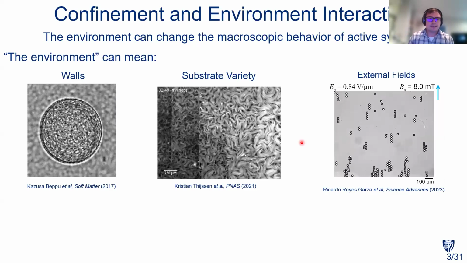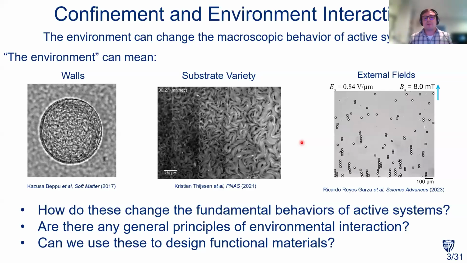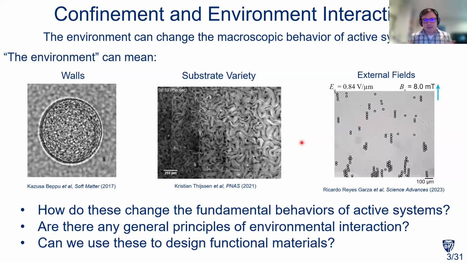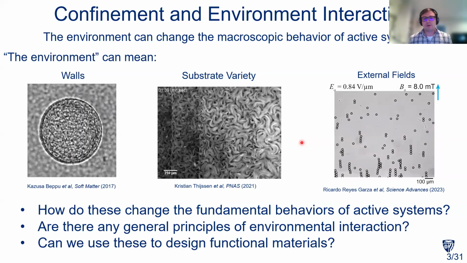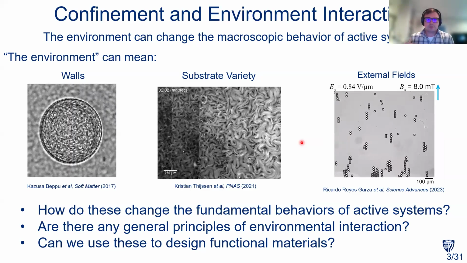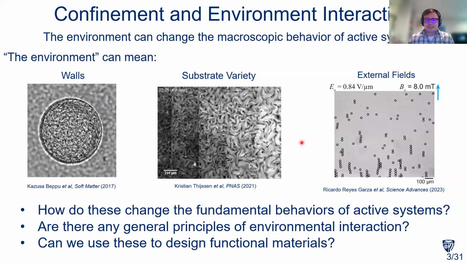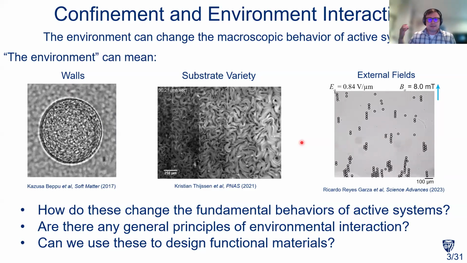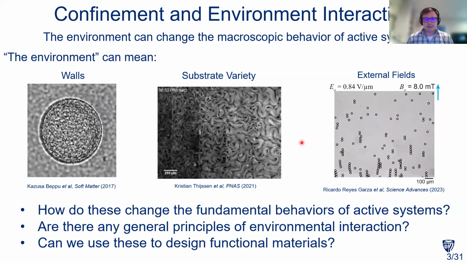First of all, how do these different things change the fundamental behaviors of individual active systems? But there's a higher level: are there any general principles of environmental interactions that may apply to multiple active fluids or multiple types of environments? The reason we ask these questions is often for the higher goal of designing functional materials, either for biological or technological purposes.